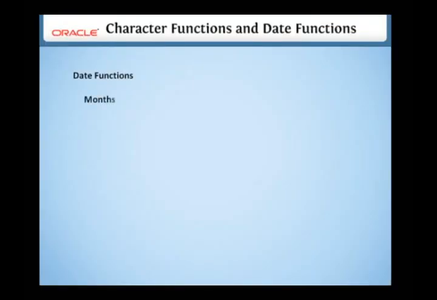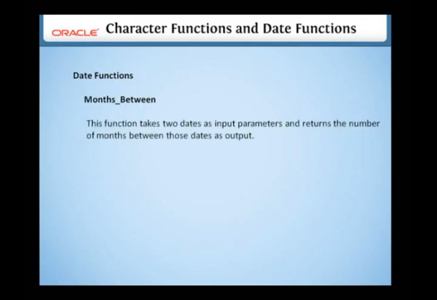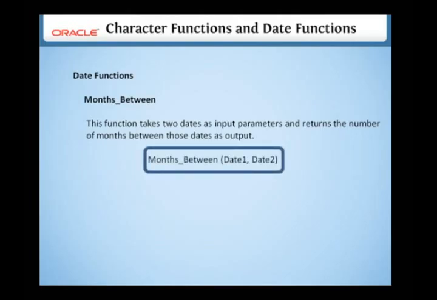Let's see the MONTHS_BETWEEN function. This function takes 2 dates as input parameters and returns the number of months between those dates as output. Let's see the syntax of the MONTHS_BETWEEN function. MONTHS_BETWEEN(date1, date2). This returns the months between the dates date1 and date2.